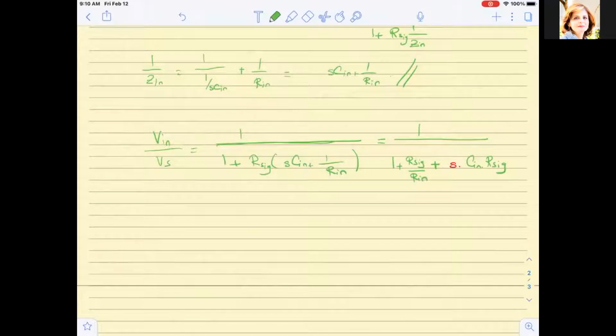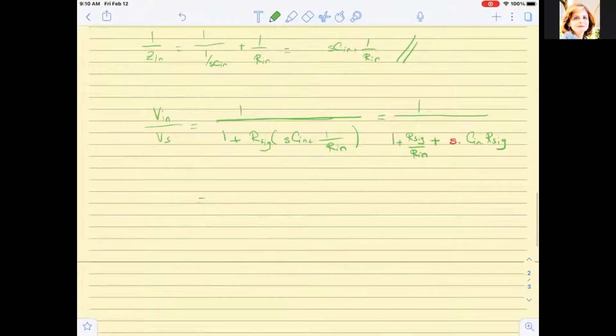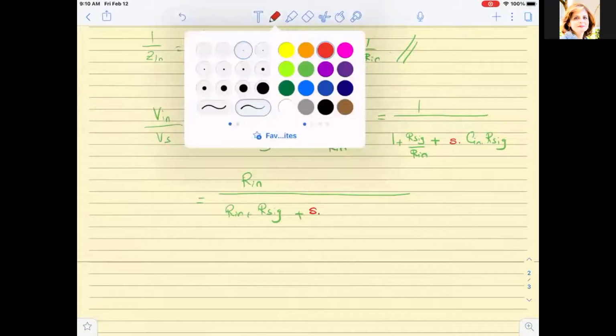And if I rewrite it, I multiply by Rn up and down, and I end up having Rn plus R sig plus S times Cn times R sig times Rn.